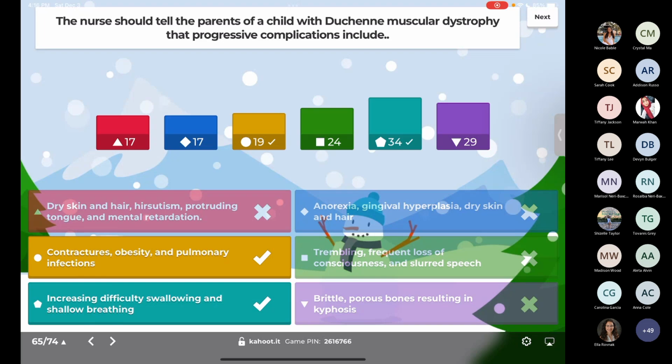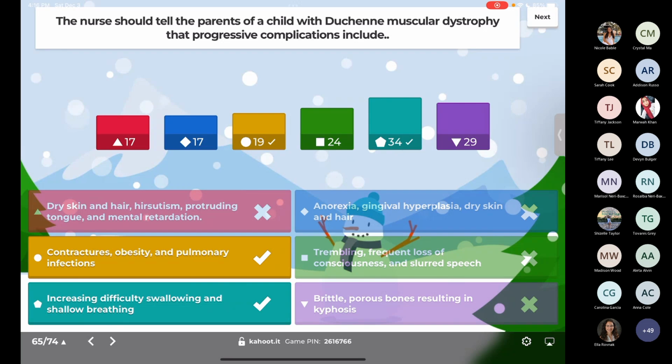So with Duchenne muscular dystrophy, these patients are at risk for respiratory complications due to difficulties with their respiratory muscles. Additionally, they're at risk for contractures because they're not moving as much, obesity, pulmonary infections.